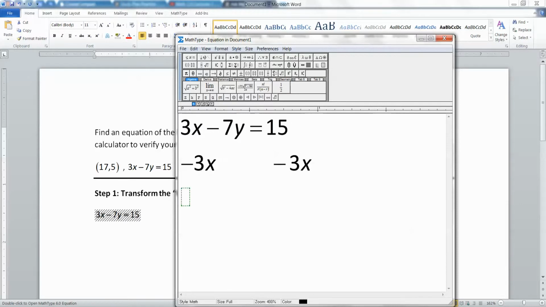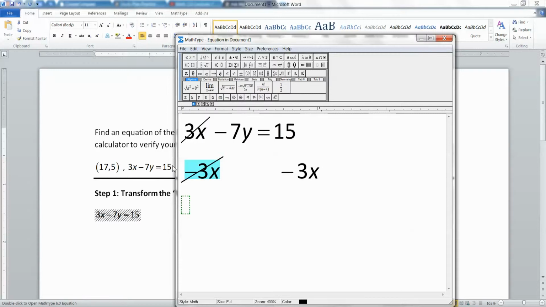So you subtract 3x. You do that because that'll cause this to disappear: if you have 3x and you take away 3x, ta-da, it's nothing, right? So it's 0 minus 7y, which is minus 7y, because 0 minus anything is the anything, equals negative 3x plus 15.